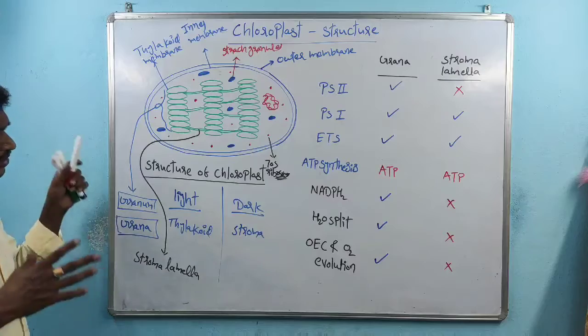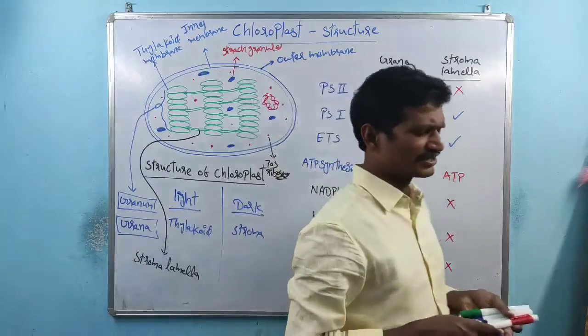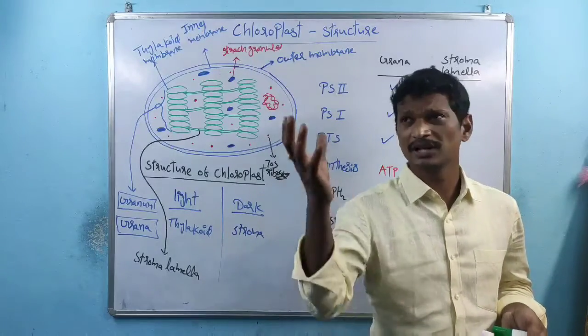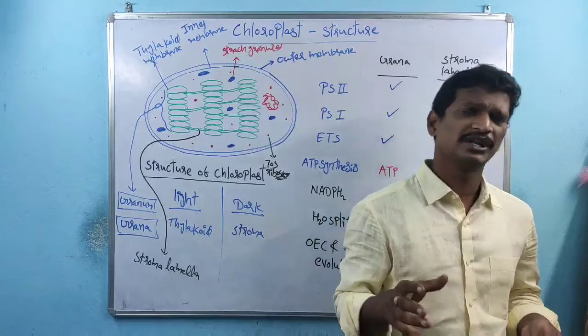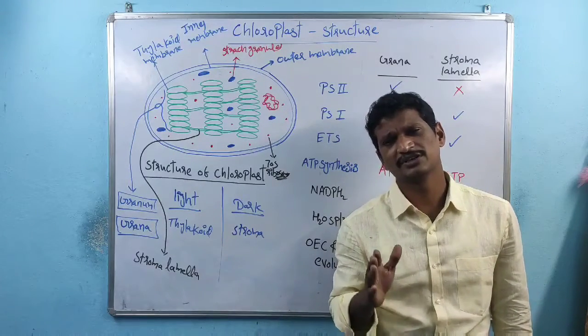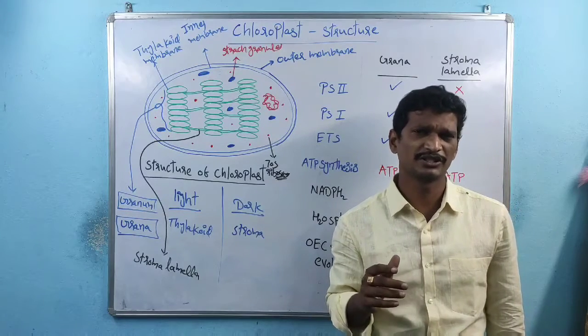right? Within the chloroplast, the functional performance includes a light reaction and a dark reaction. We already know about this. The light energy is converted into chemical energy, right? See, at the end of the light reaction, within the chloroplast structure, ATP production takes place, and NADPH2 production takes place.